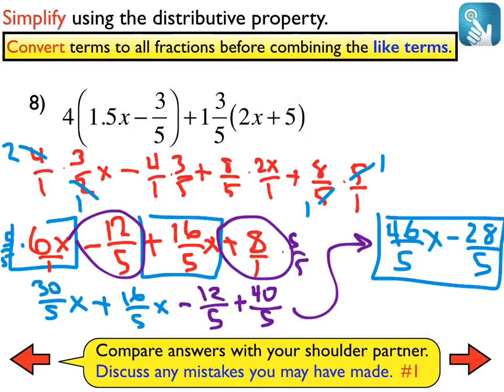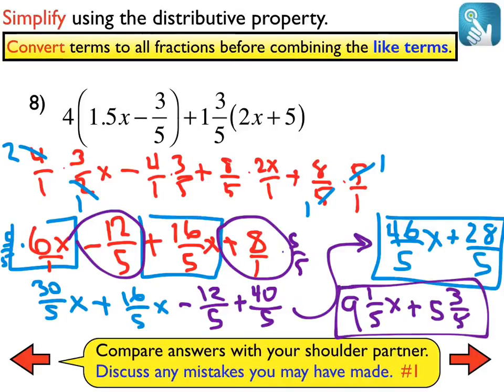And you can leave it like this, or you can make it a mixed number, which would be, Adrian? Oh, yes. Thank you. Plus 28 over 5. What's the mixed number? Very nice. So both of these answers are acceptable.